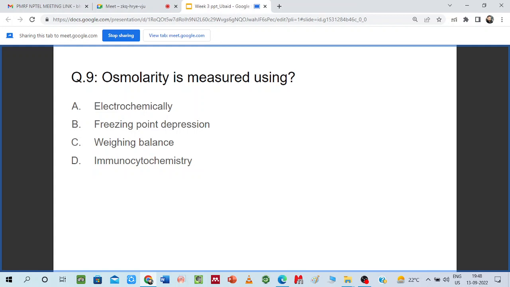Another question: osmolarity is measured using electrochemical method, freezing point depression, weighing balance, immunocytochemistry.